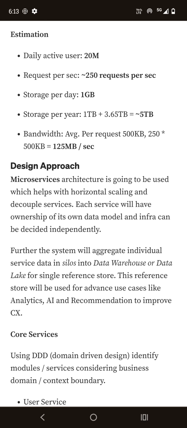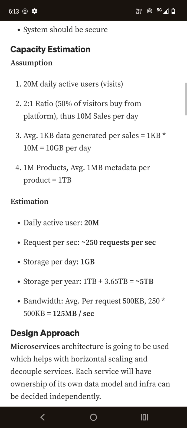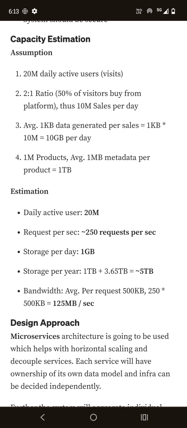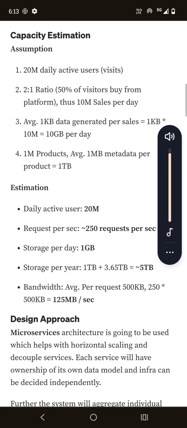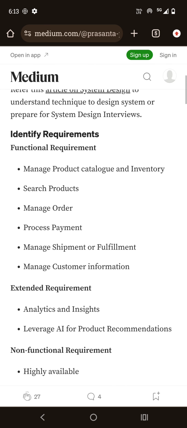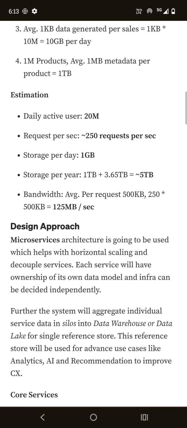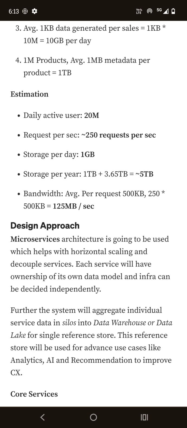That is the main thing, and capacity estimation is a part of application design. Now, the design approaches. What kind of architecture do you want to adopt here?